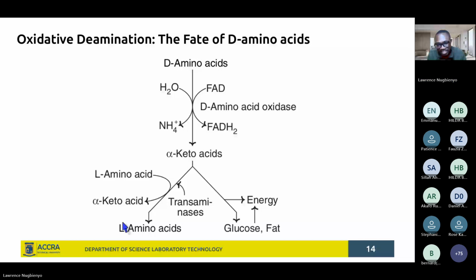So there is that conversion of a D-amino acid into an L-amino acid. Or the keto acids, as we saw already, can go into the synthesis of carbohydrates, so you can go into glucose and fat synthesis, and that is going to generate energy. So that is D-amino acids. Before this, if you pay attention to all the slides, all the amino acids we were referring to were L-amino acids. So a D-amino acid can be converted into an L-amino acid, and then it can undergo further processes.